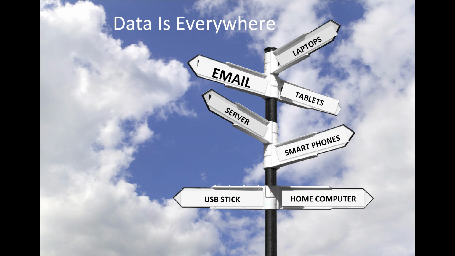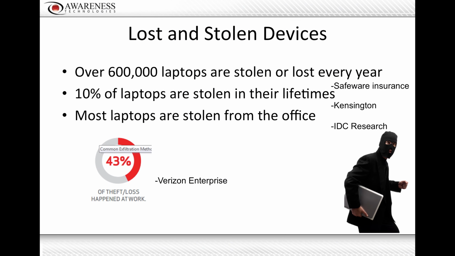But you have laptops, you have email, you have tablets, you got your servers, you got phones, iPhones, Androids, whatever it might be. You got USBs, and then you got people who are allowed to work from home. They can VPN in, they can save information on their home computer. So basically the concept here is you just want to keep thinking about all the places that your data lives, and it's a changing environment, and it can be in a number of places that you don't even necessarily realize.